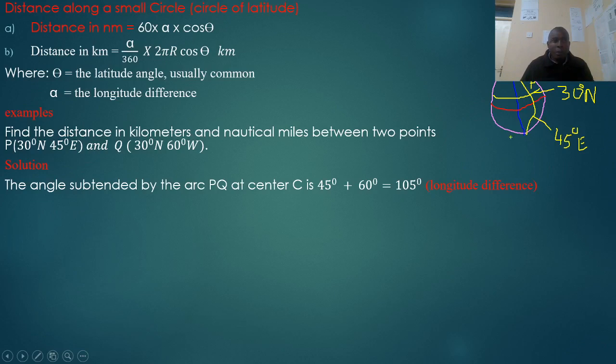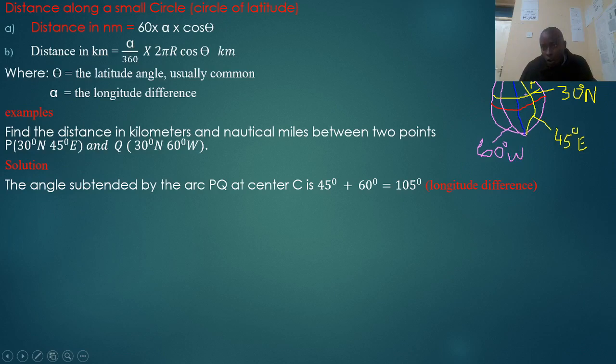I need to locate my point Q, which is 30 degrees north. Remember, this is my 30 degrees to the north, and 60 degrees to the west. So if I get my 60 degrees to the west, mathematically I can have it there. I call that my 60 degrees to the west.